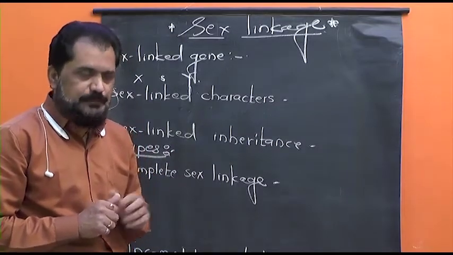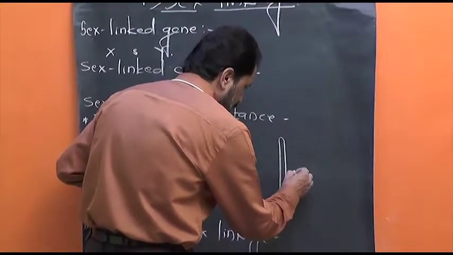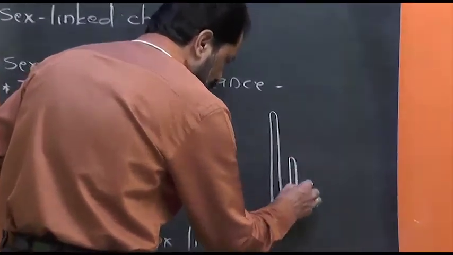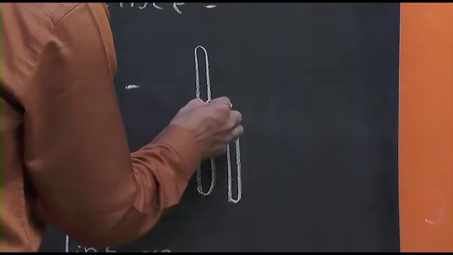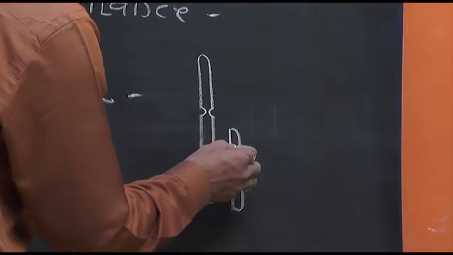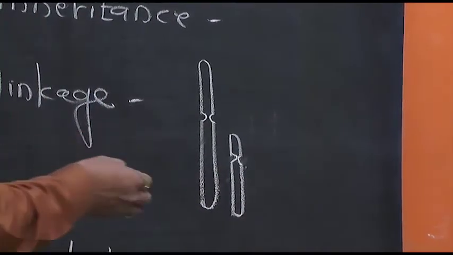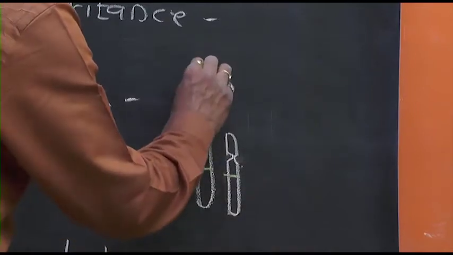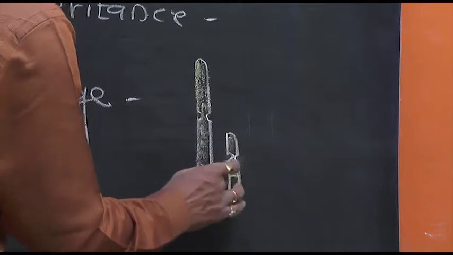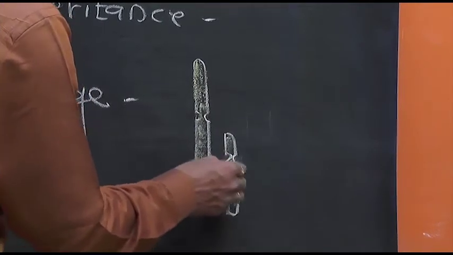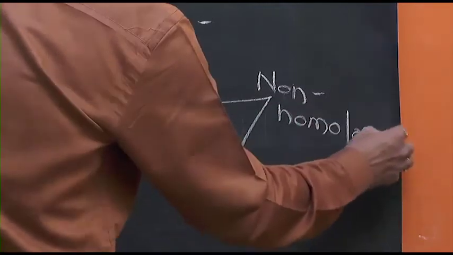We have studied the structure of sex chromosomes. Suppose it is an X chromosome and a Y chromosome. We know that the X chromosome is longer and submetacentric, while the Y chromosome is shorter and acrocentric. Some parts of the X and Y chromosomes do not show identical genes, and such parts are known as non-homologous regions.